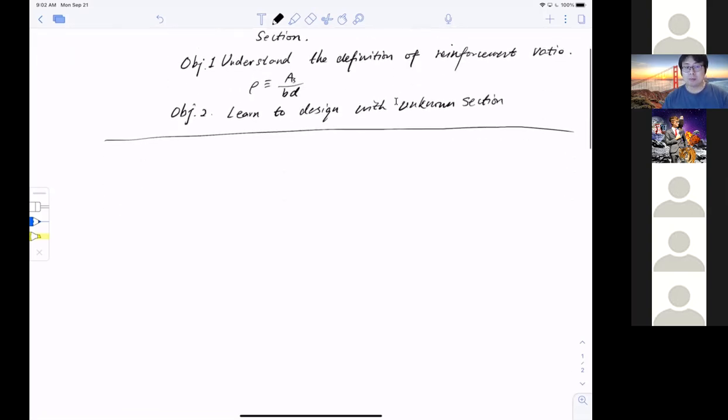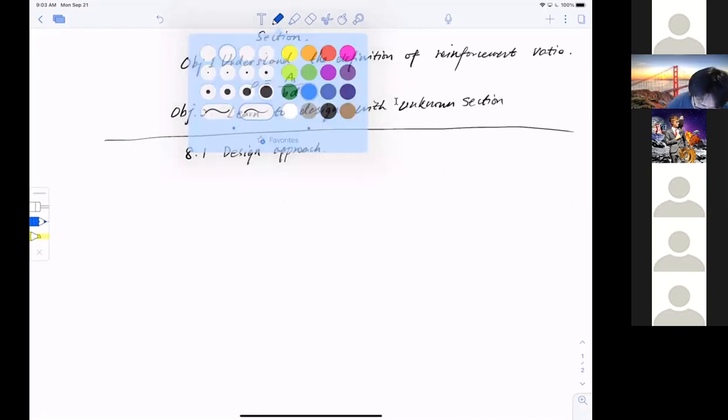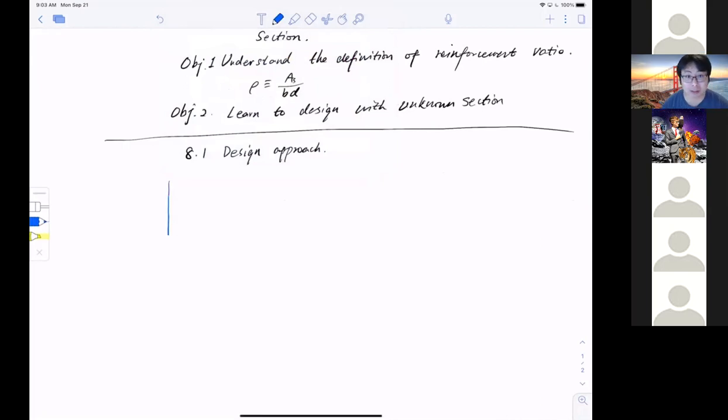Okay, now before we start, let's take a look at the design approach. What is the design philosophy? In other words, what is the design state? Okay, so I'm going to draw a section, and you probably know this very well.